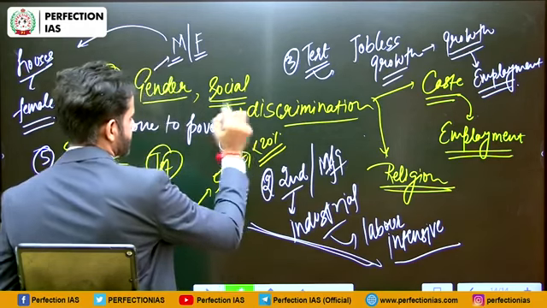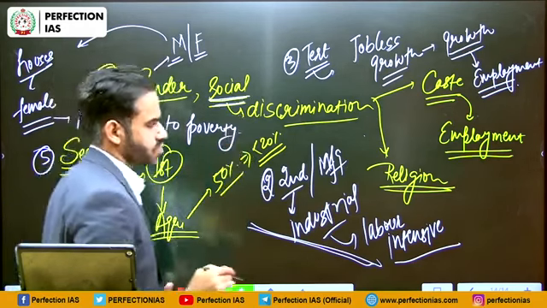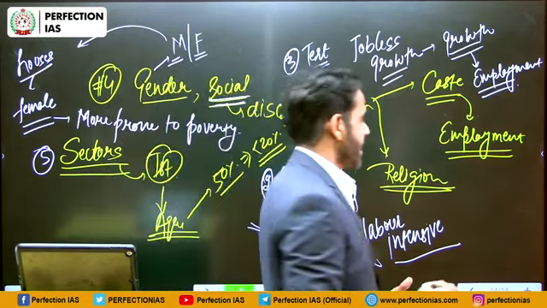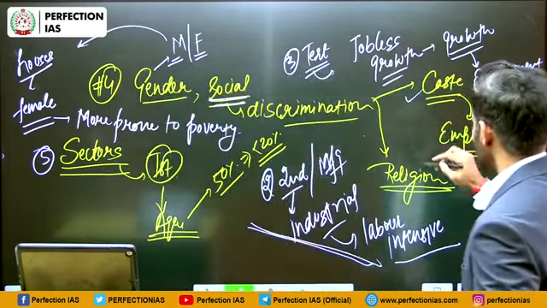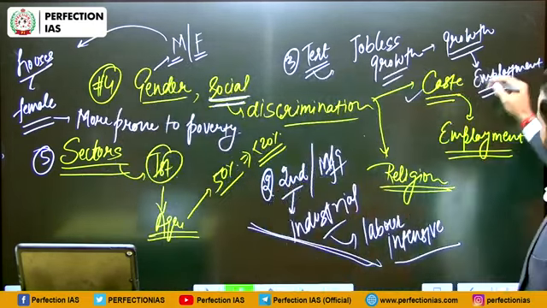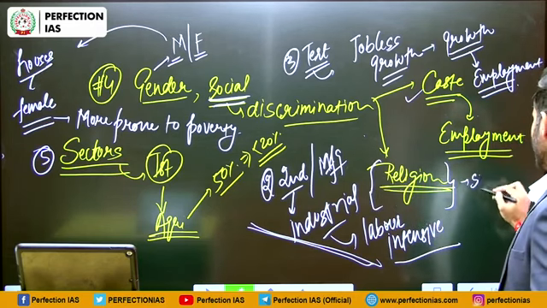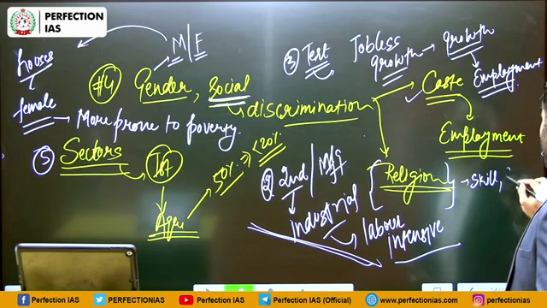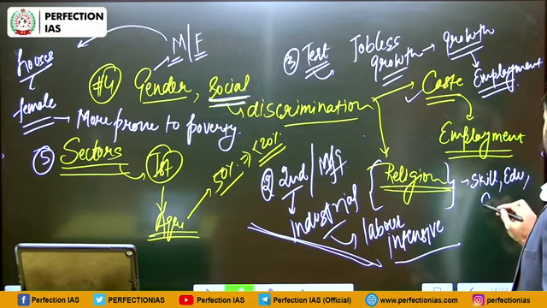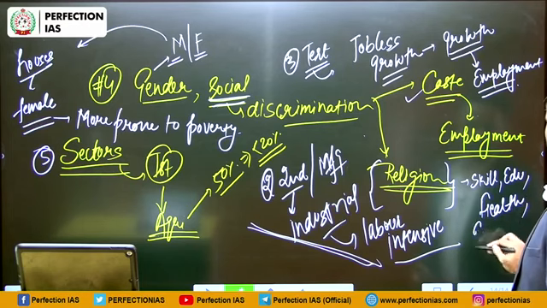Apart from that, we have discussed social parameters or social discrimination factors like discrimination on the basis of caste, which will lead to poor health, education, employment opportunities. Subsequently, discrimination on the basis of religion, again it will lead to poor skill development, education, health, and overall employment opportunities.